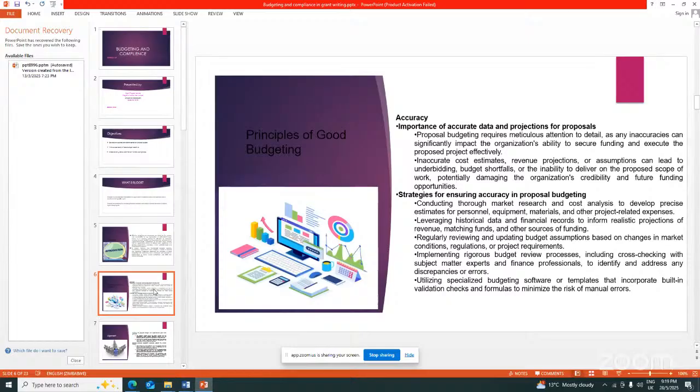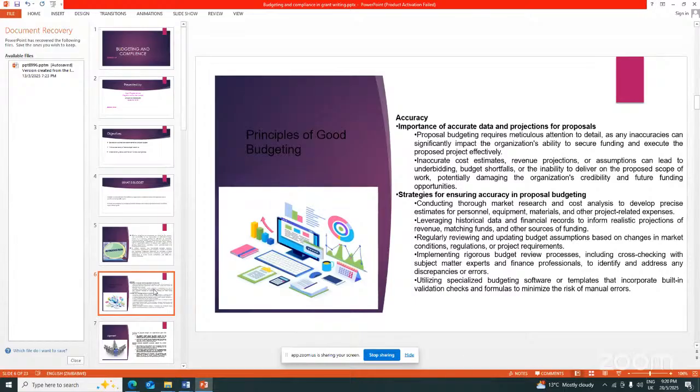If we don't do a thorough look at our figures, sometimes we tend to over budget or under budget for a certain project, which will make the project unimplementable or can result in our proposal being taken down because of our figures. And sometimes if you fail to be accurate, our figures tend not to have a meaning.